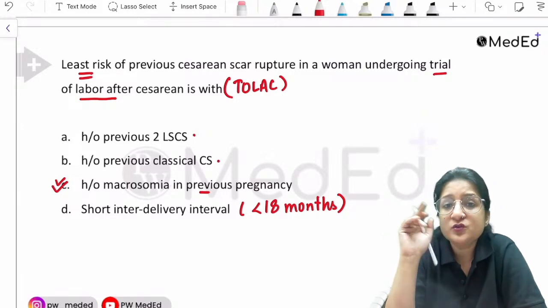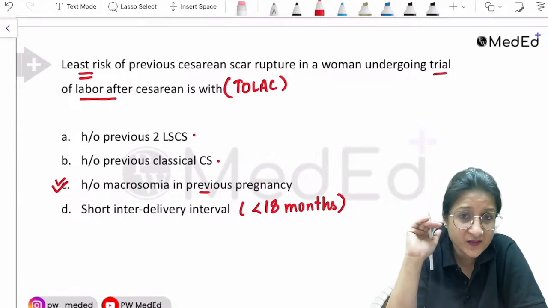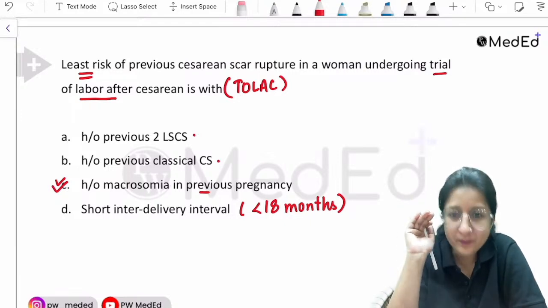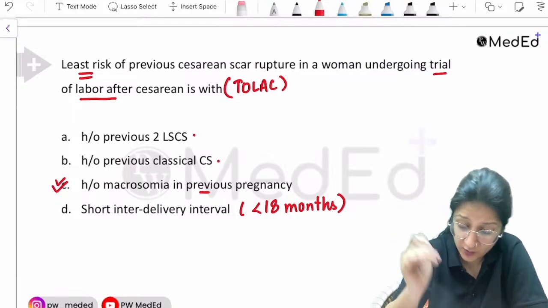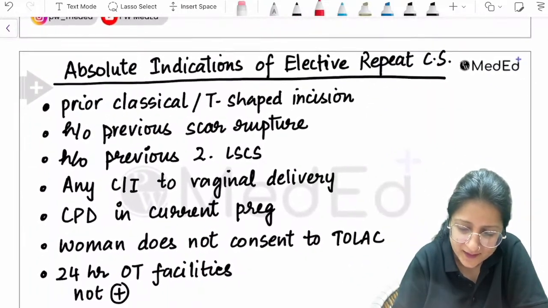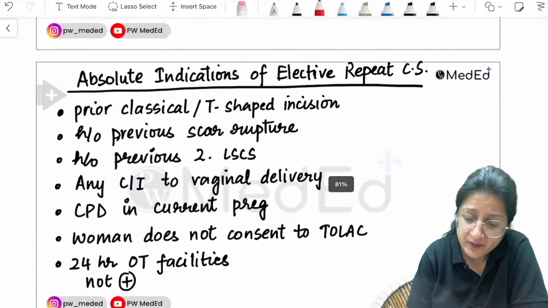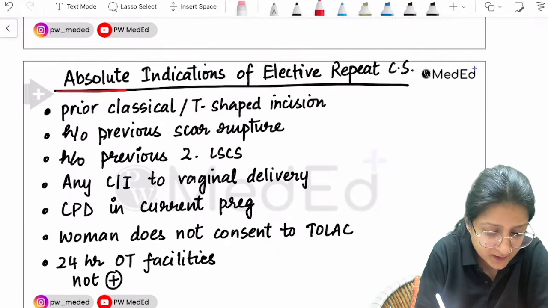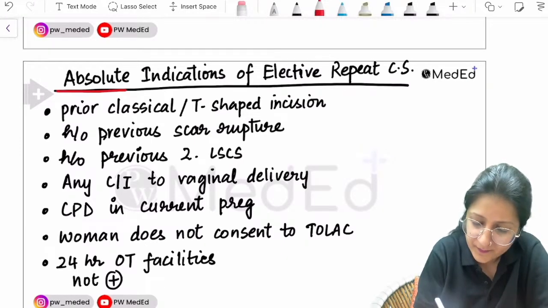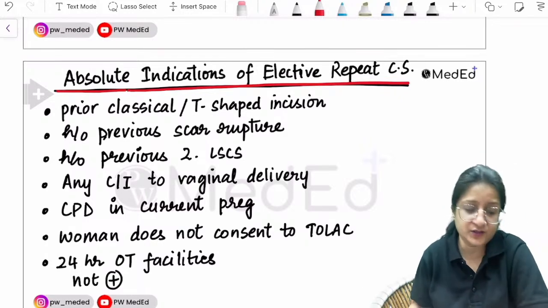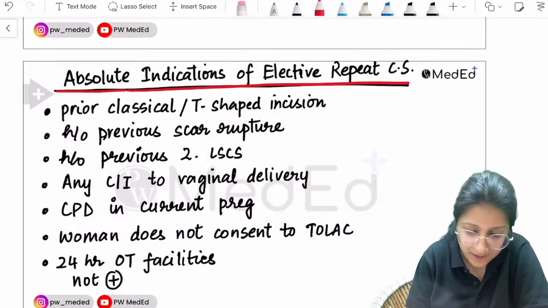So when you have a woman with a previous cesarean section, the only list that I want you to really mug up to help you attempt MCQs in exams is this list. I'll tell you why it will help. Remember the absolute indications of repeat cesarean section.